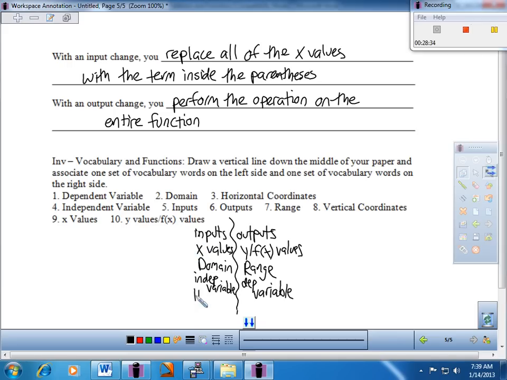So x represents the horizontal coordinates graphically, and y would represent the vertical coordinates of the graph. We're going to analyze graphs in the next lesson, really talking about domain and range. I'll ask you, when you hear domain, think horizontally. When you see range, think vertically. So I'm just putting those together.